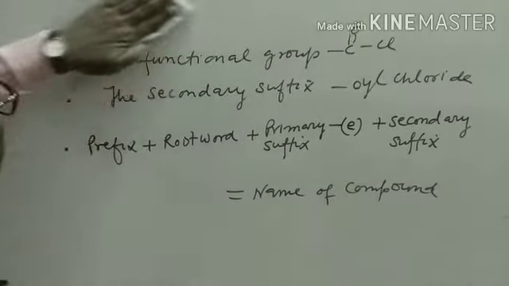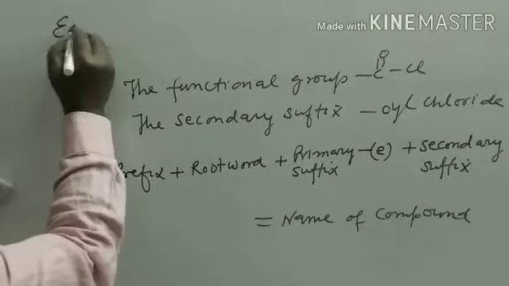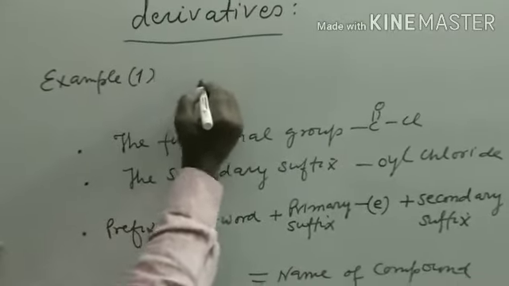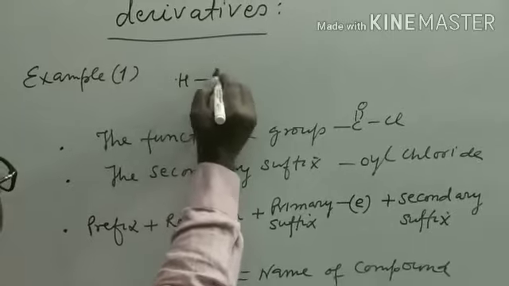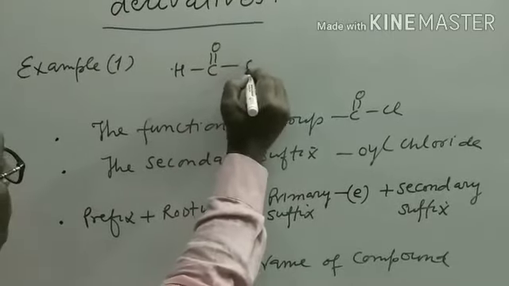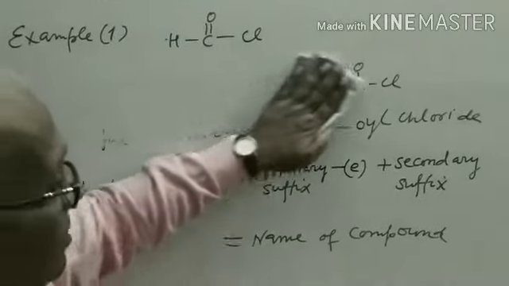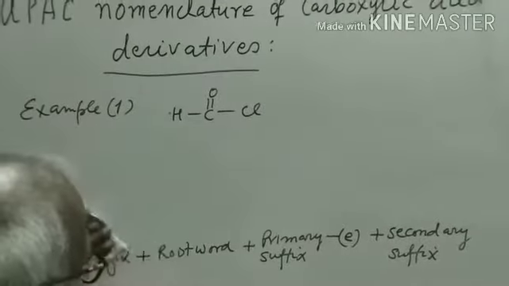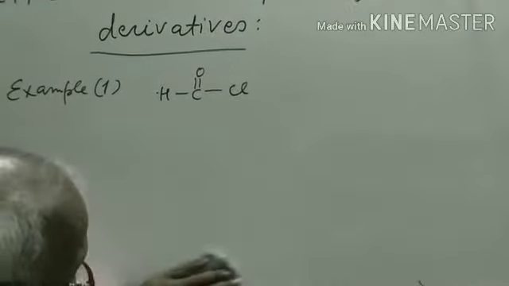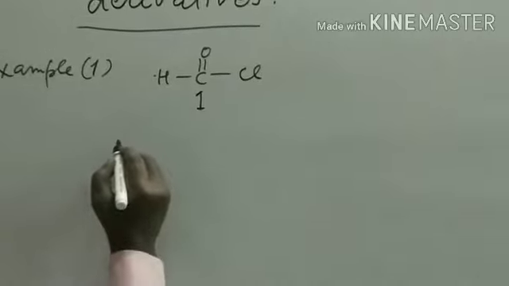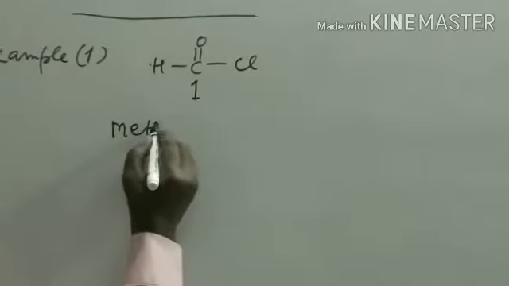The first example. This is COCl. This COCl has got carbon, so it is given the lowest number, 1. Its root word is meth.